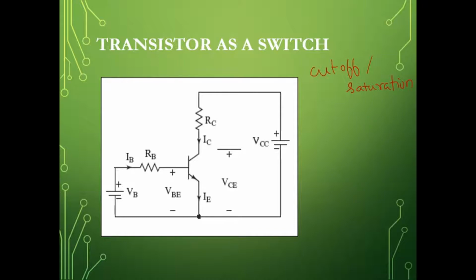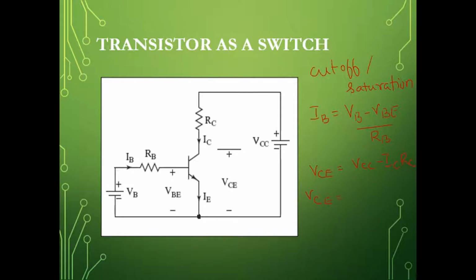So if we look into the circuit, we can write the input current, which is the base current IB, as VB minus VBE by RB, and the output voltage VCE equal to VCC minus IC RC. So what is IC?